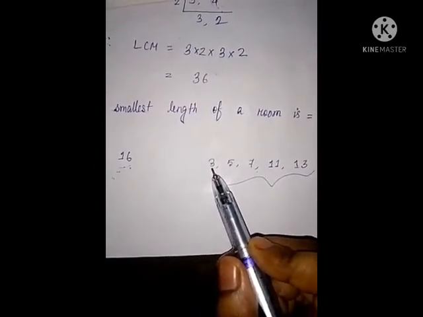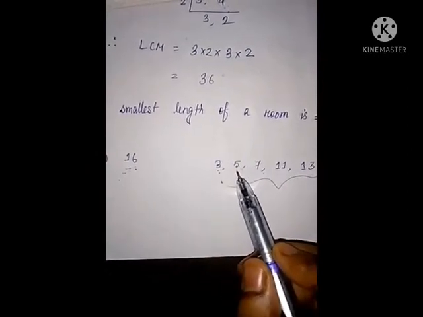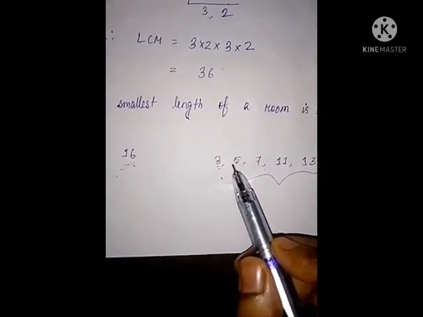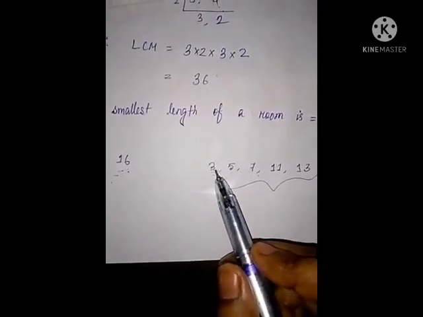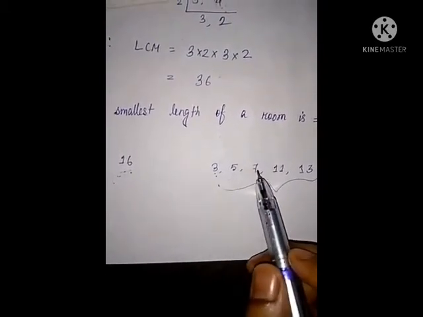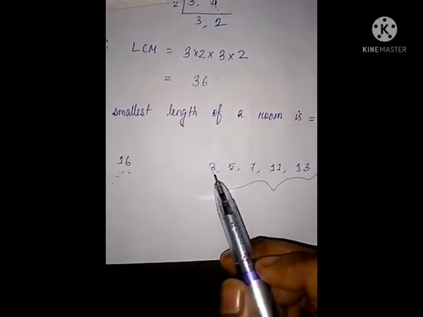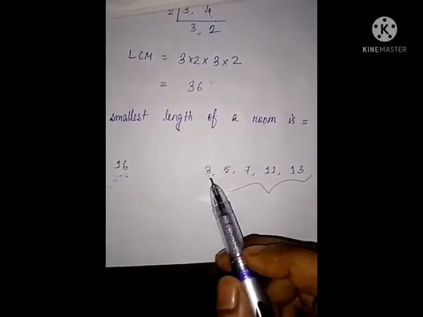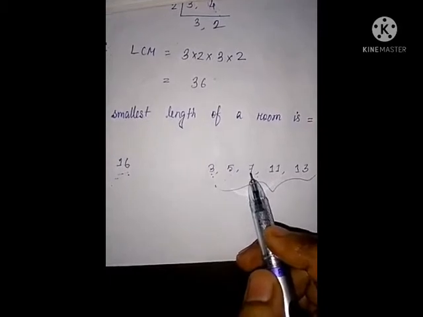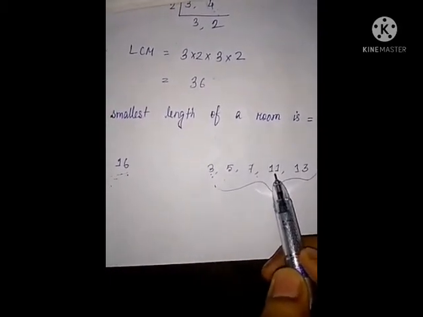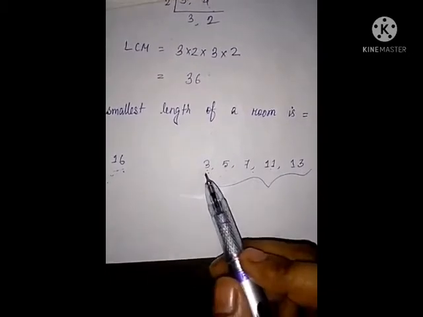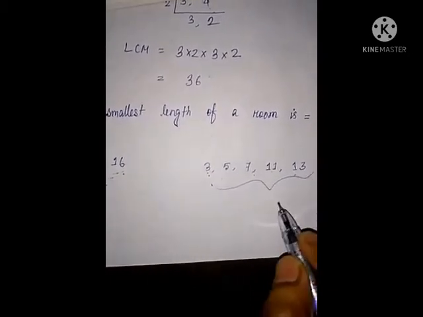If we add 3 with 5, then we get 8, so we cannot use 3 plus 5. Okay, see 3 plus 7. If we add 3 with 7, then we get only 10. See 3 plus 11, we will get only 14. 3 plus 13, we will get 16.